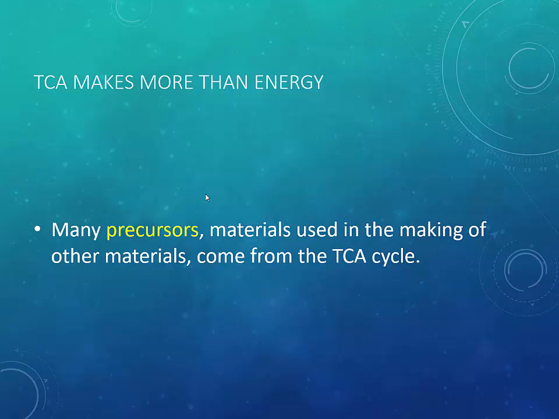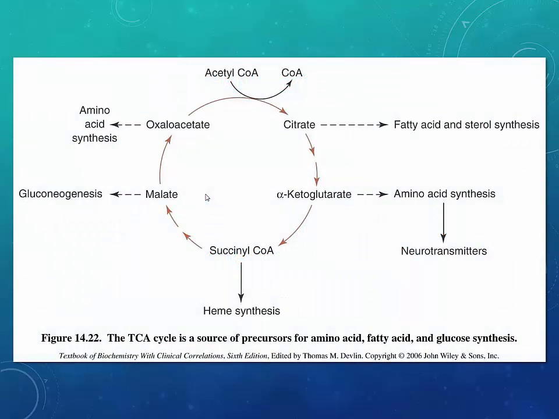However, TCA makes a lot more than just reducing equivalents and some energy. It is a central cycle of metabolism, and it makes all kinds of precursors and other materials. Just to give you an example, oxaloacetate can go on to amino acids, alpha ketoglutarate can go to amino acids, specifically glutamate, and then on to neurotransmitters. Succinyl-CoA goes on to make heme.